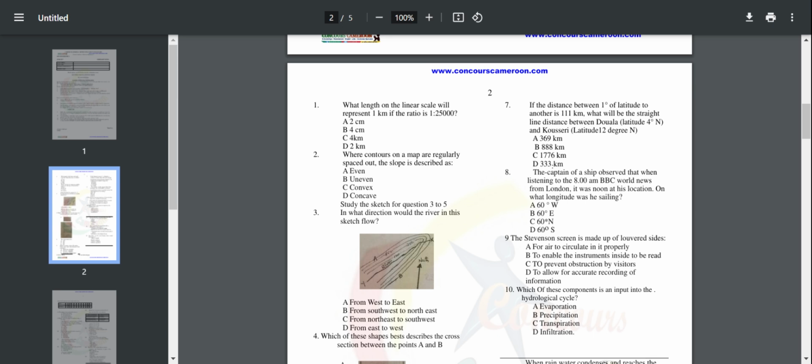On what longitude was he sailing? The answer is B, 60 degrees east.